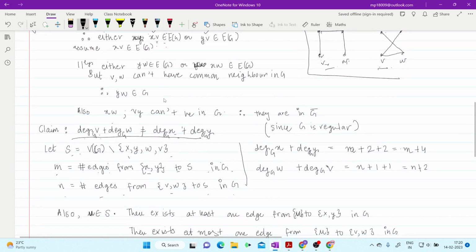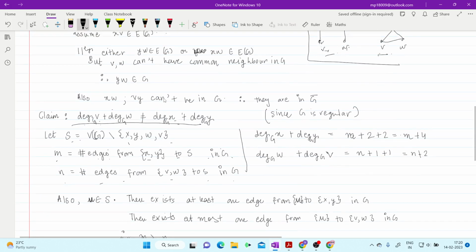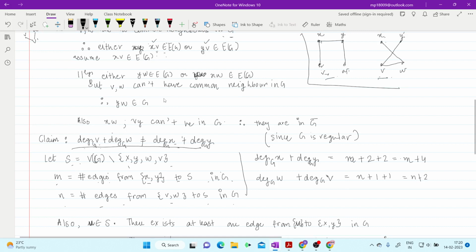Now if M is the number of edges from the set XY to S, then what will be the degree of X in G plus the degree of Y in G?